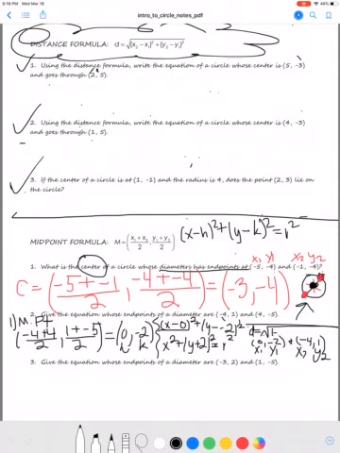Parentheses, negative 4 minus, my x1 is 0 squared plus parentheses, my y2 is 1 minus y1 is negative 2. Square that.